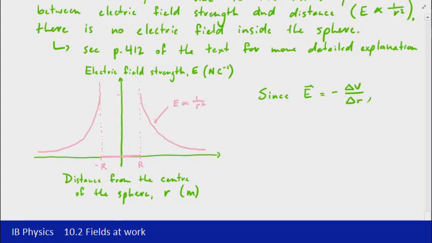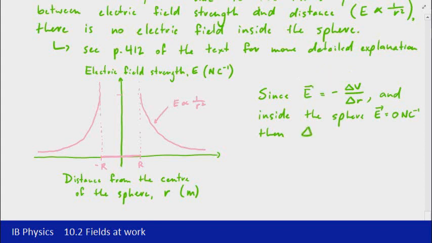So we know that particular piece of information, but we also know that inside the sphere, the electric field strength is going to be equal to 0. So with those two pieces of information, what we can then identify, if E is equal to 0, so if this quantity is equal to 0 here, the only way that that can be 0 is if that quantity of delta V is equal to 0 as well.